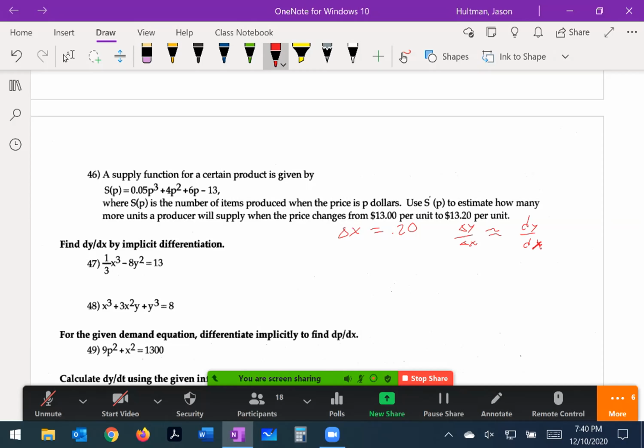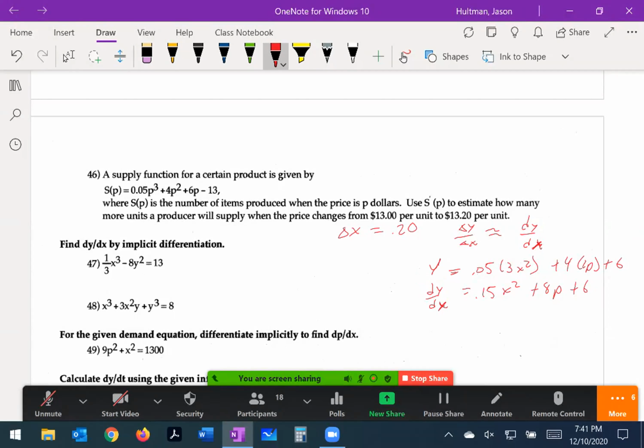So dy over dx, s prime of p, is equal to 0.05 times 3x squared plus 4 times 2p plus 6. Okay, so this is going to be 0.15x squared plus 8p plus 6. Think of this s prime of p as y prime.